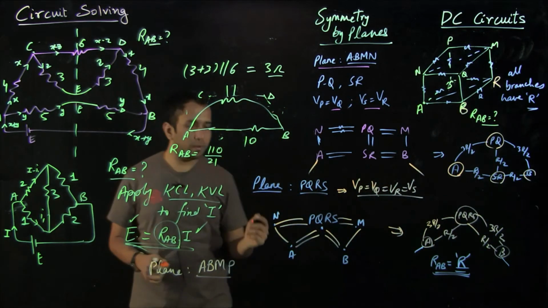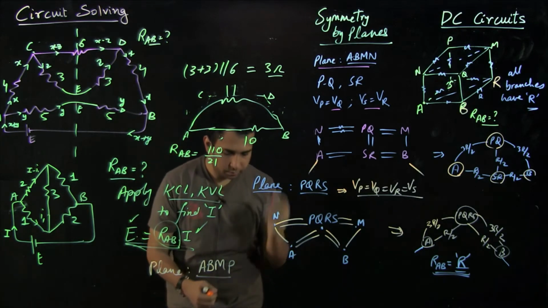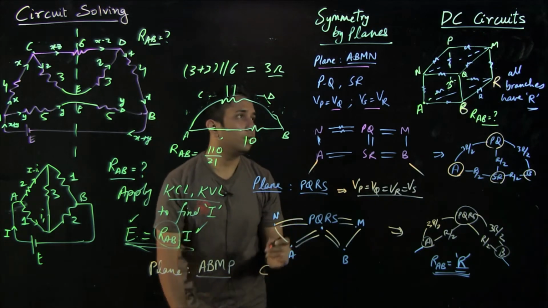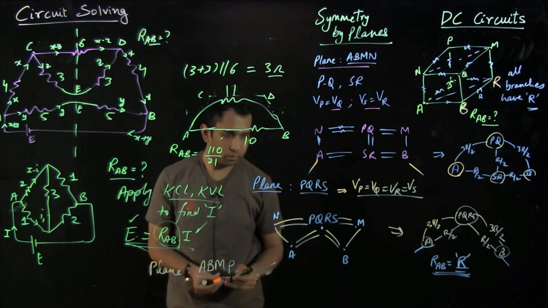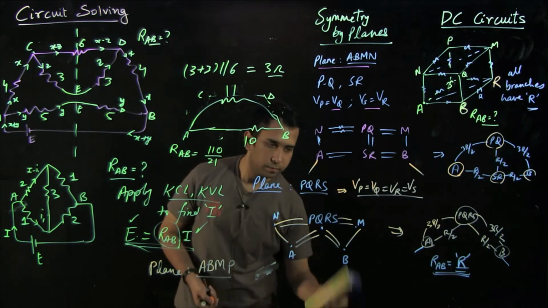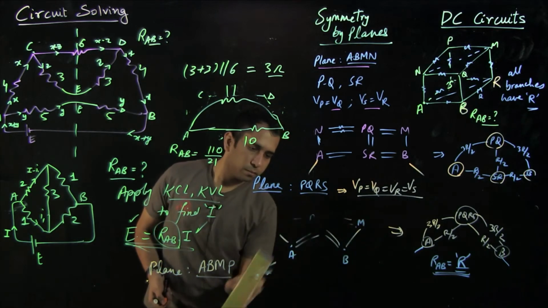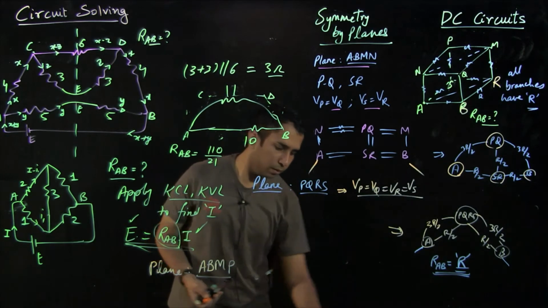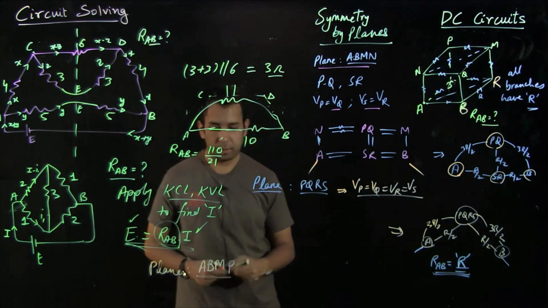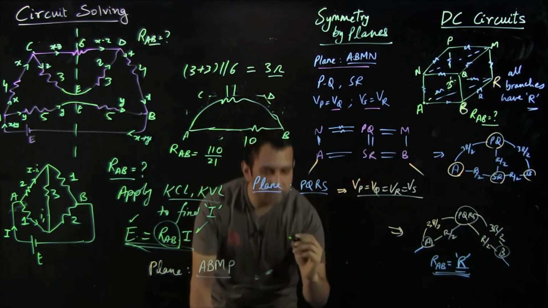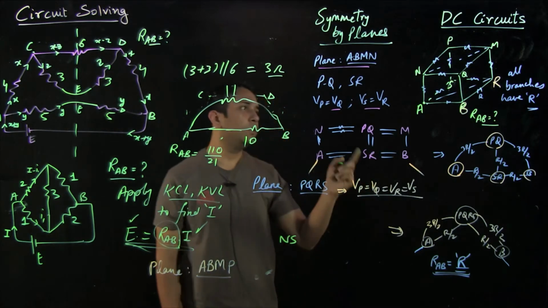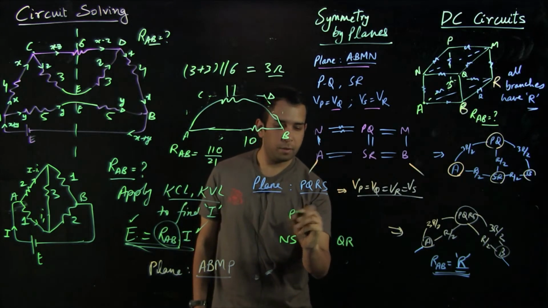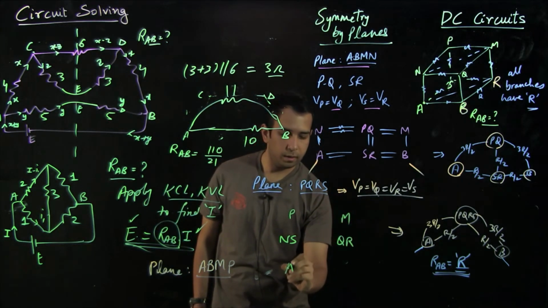So we can just join them and make this like this. Overall we can simplify it by saying that N and S are at same potential, and so are Q and R, and we have P, M, A, B.